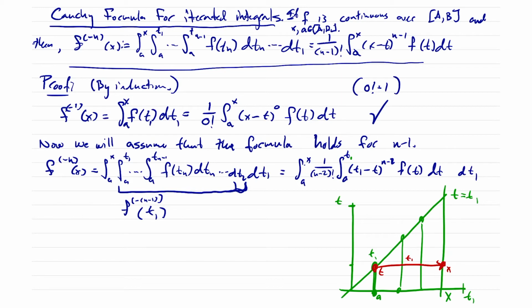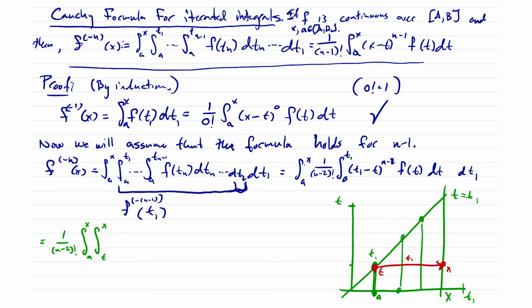And so if we go ahead and exchange the integrals, we're going to have 1 over (n minus 2) factorial. And we're going to do the integral, so t is going to be ranging from a to x. But now we have t1 going from t to x.